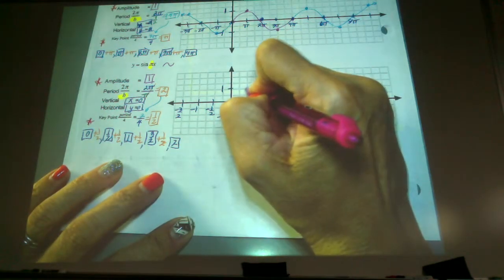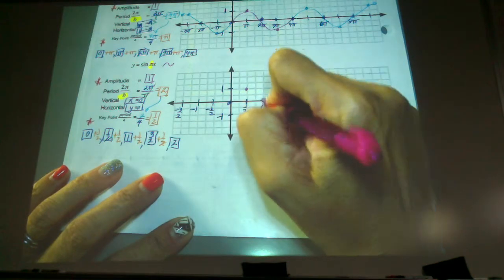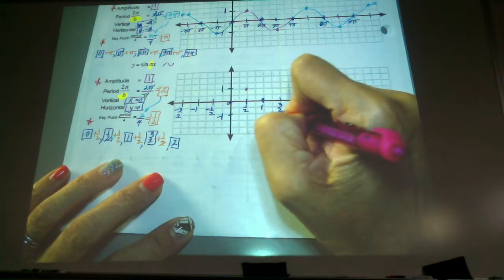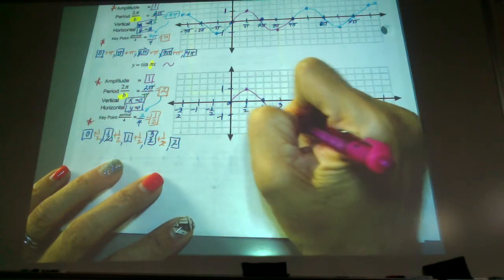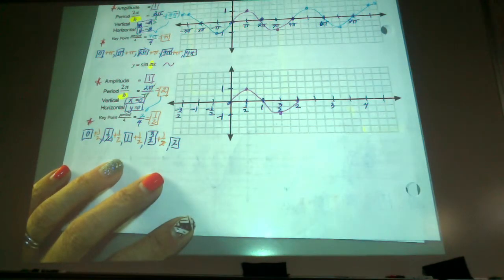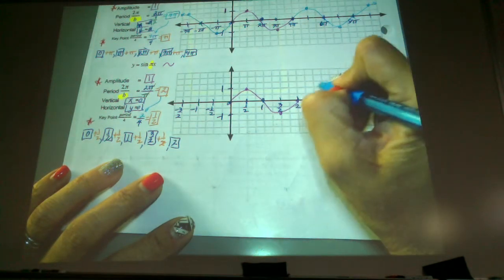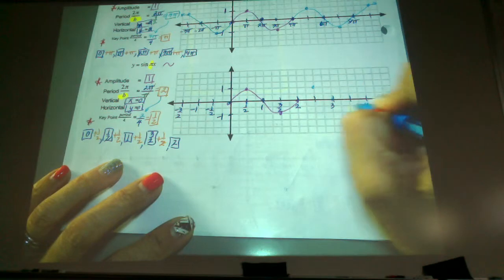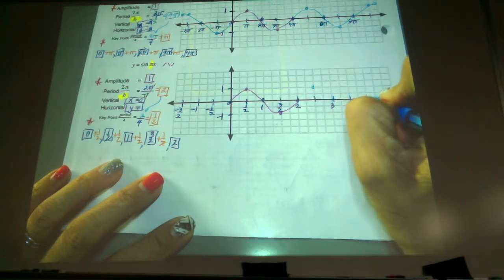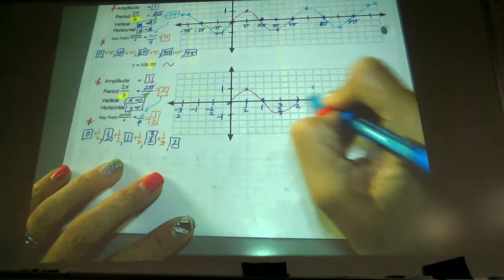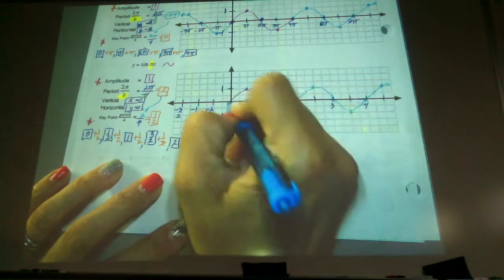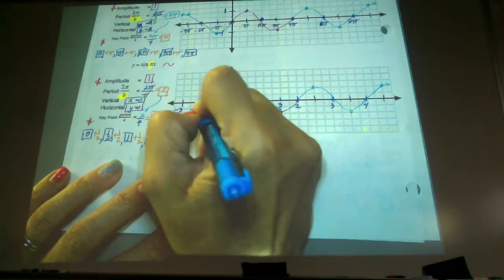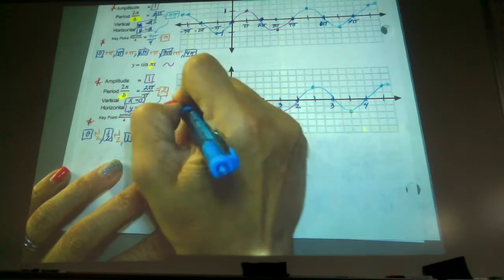So my amplitude is 1, so I go up to 1, to 0. Down to negative 1 to 0. That's one full period, and that does look like a sine curve. Finish it out. We can have up to 1, 0, negative 1, 0, up. So on the left, we're going to go down, 0, and up.